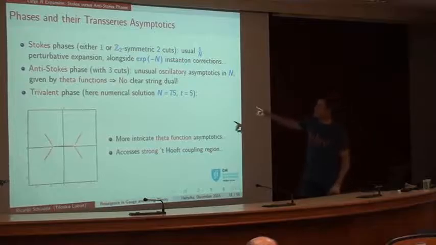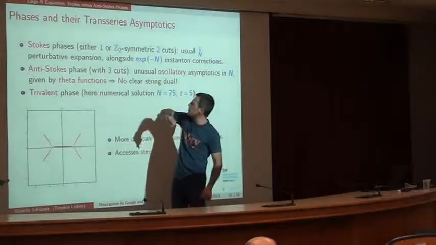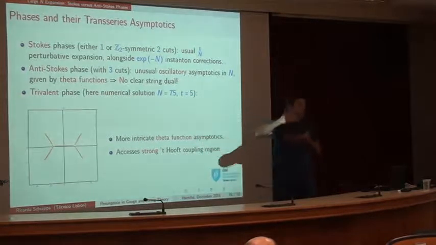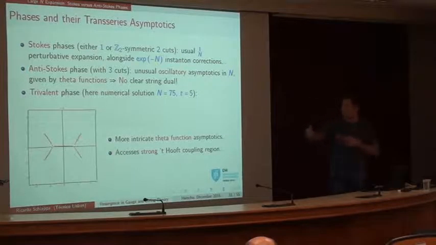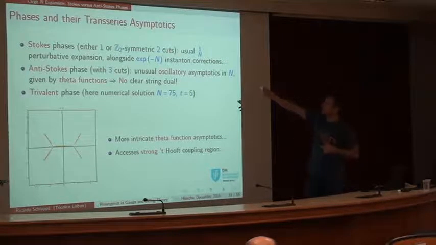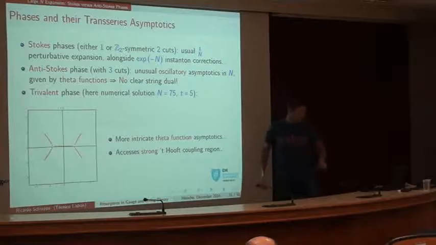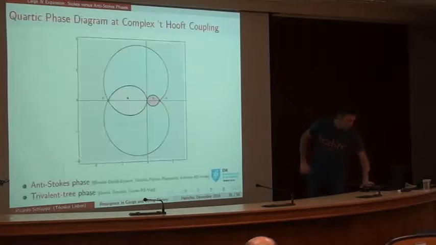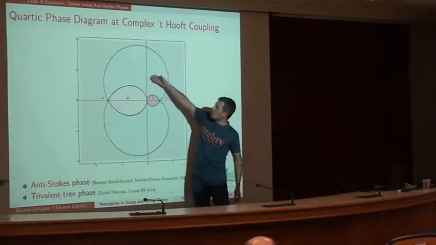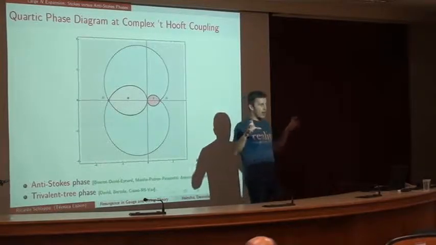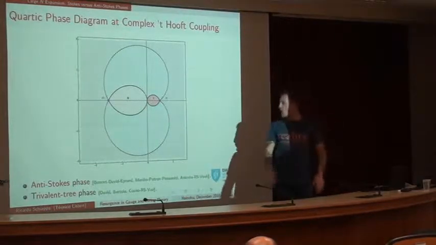These phases, the one-cut and two-cut phases, we call Stokes phases because they have the standard 1 over n, or to be more precise, 1 over n squared perturbative expansion alongside the exponential of minus n instanton corrections. But as soon as we move into the blue regions, these are regions where basically it has 3 cuts turned on.